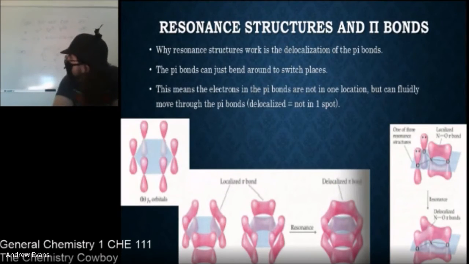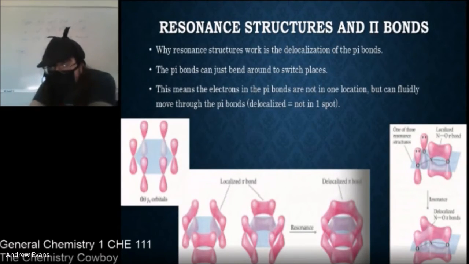This structure is what? It's NO3, or CO3, it doesn't really matter. The idea is that right here we have a lone pair and we have a double bond.